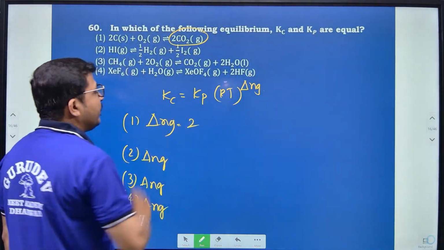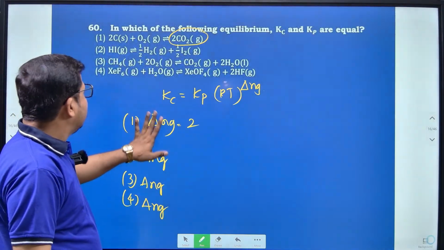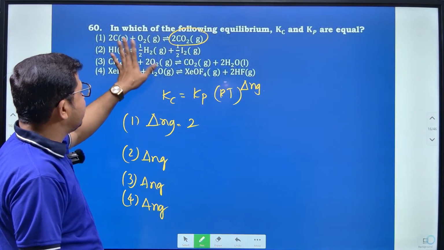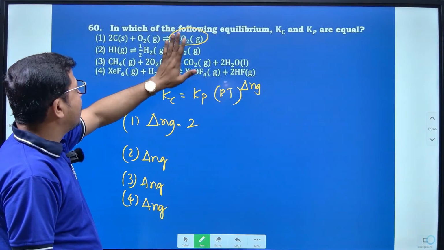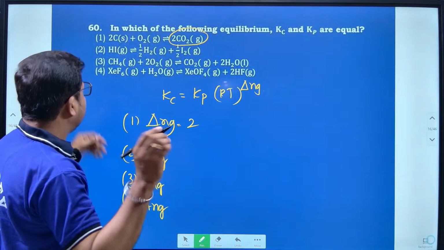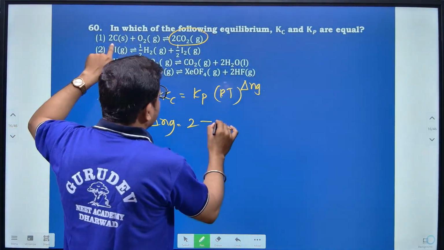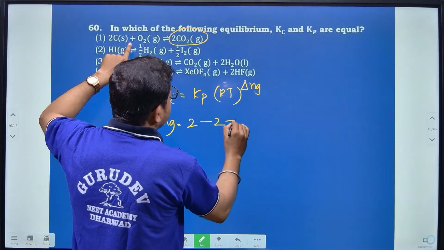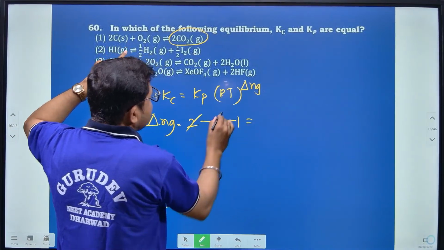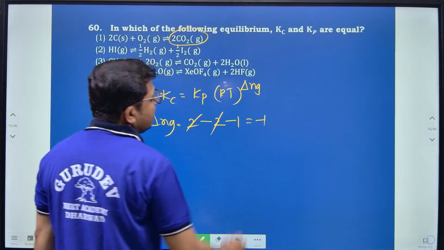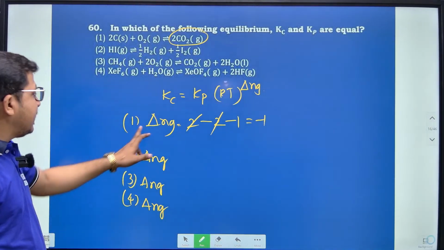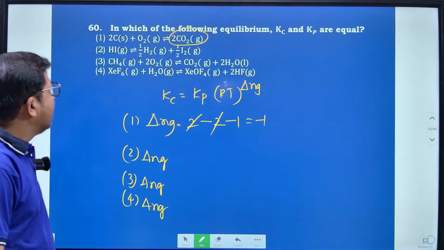Delta Ng is the sum of the gaseous molecules on the product side minus the reactant side. Therefore 2 minus 1, that is plus 2 minus 2 gets cancelled. There is 1 gaseous molecule, minus 1, so delta Ng value becomes minus 1.